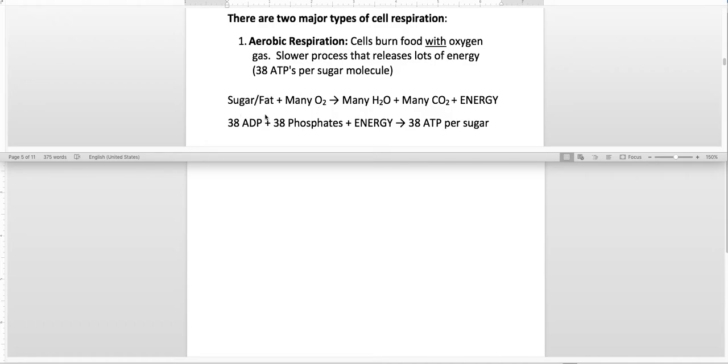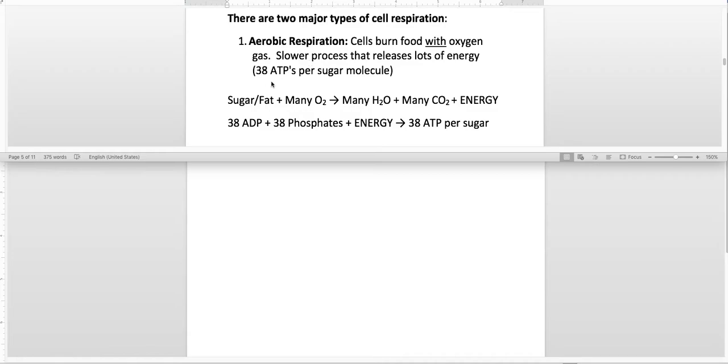When you break down food molecules, the molecules don't just disappear. Remember, during a chemical reaction, you don't lose atoms or gain atoms. So all the atoms that are in sugar and fat molecules, which are carbon, hydrogen, and oxygen atoms, end up in product molecules after these food molecules have been broken down.